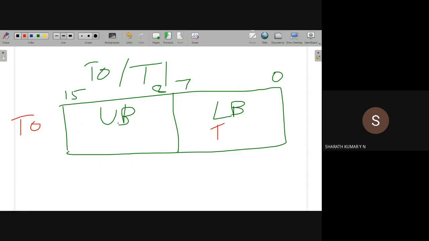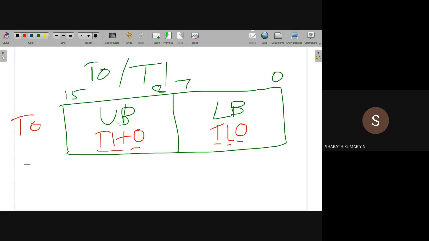The upper byte is called TH0, that is timer 0 higher byte. H for higher byte. They could have used TU, but it is the manufacturer's decision.